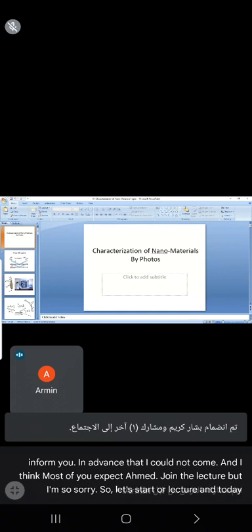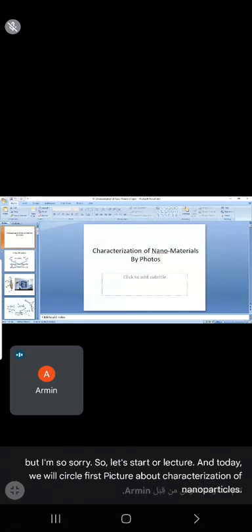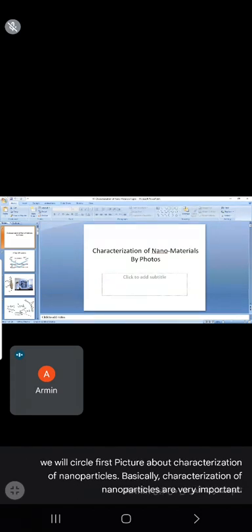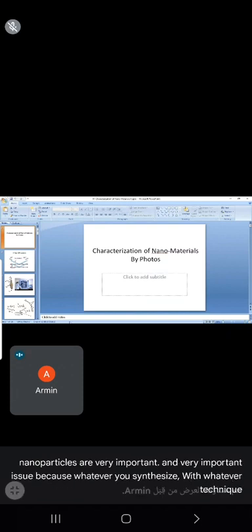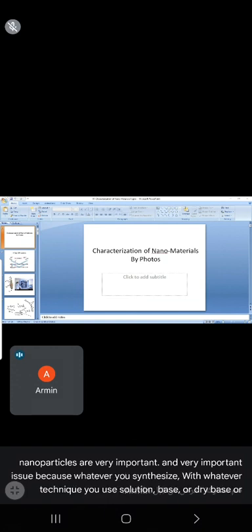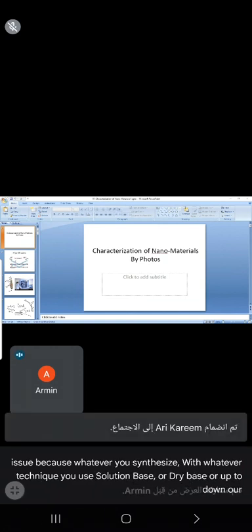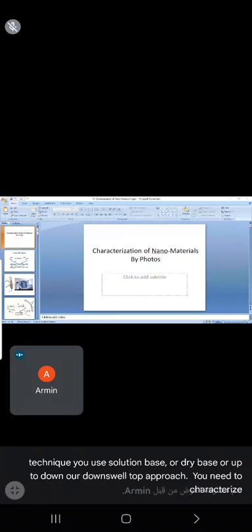Today we will start our first lecture about characterization of nanoparticles. Characterization of nanoparticles is a very important issue, because whatever you synthesize, with whatever technique you use, solution based or dry based, top down or bottom up approach, you need to characterize your material.